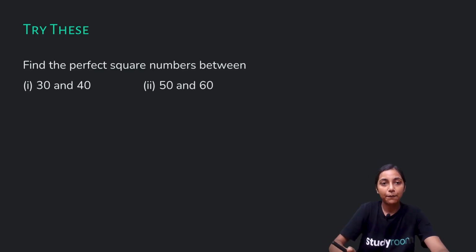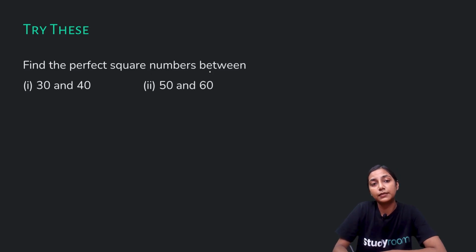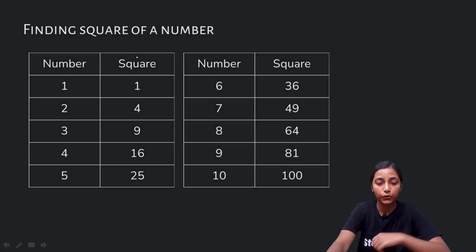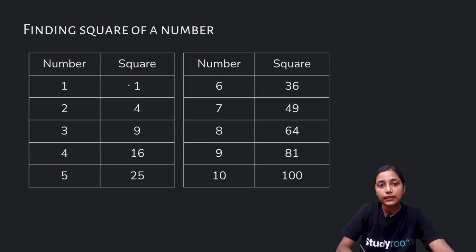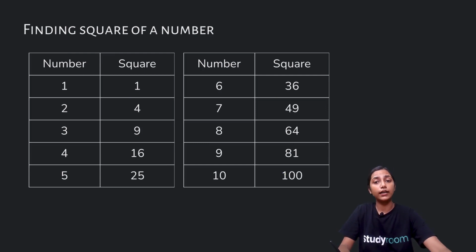Next up is to find the perfect square numbers between given numbers. First of all, what are perfect square numbers? These squares you can see here: 1, 4, 9, 16, 25, 36, 49, 64, 81, 100, are known as perfect squares. Why do we call these numbers perfect squares?